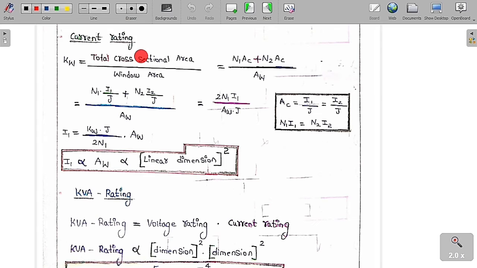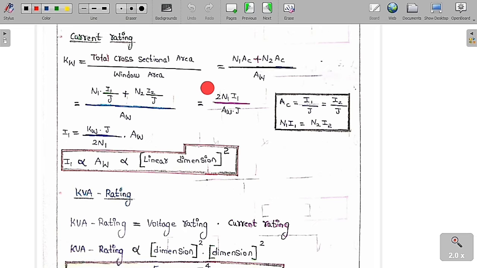Now the current rating. KW is the ratio of the total cross-sectional area to the window area. What is the total cross-sectional area? It is N1 turns into AC plus N2 turns into AC, divided by AW.